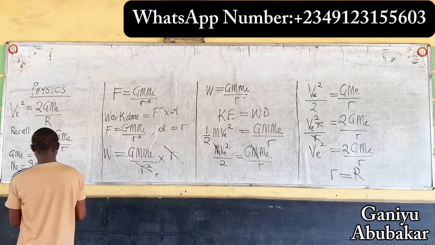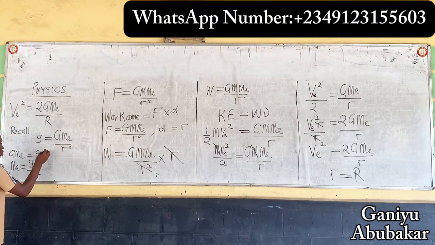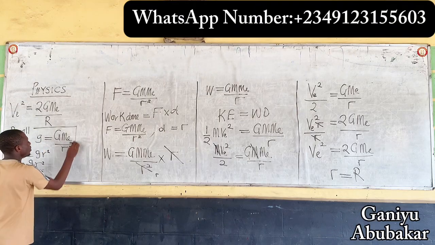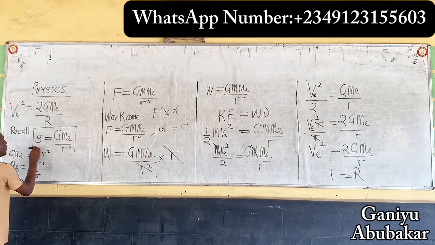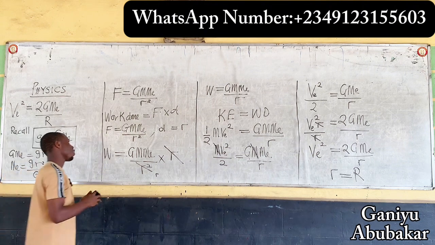Sorry, there should be a square here, please. A square, please. This is your relationship between acceleration due to gravity and universal gravitational constant.